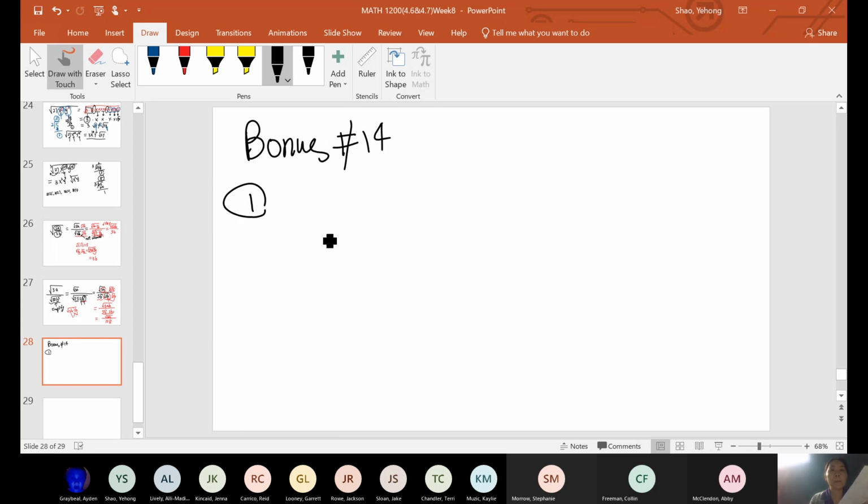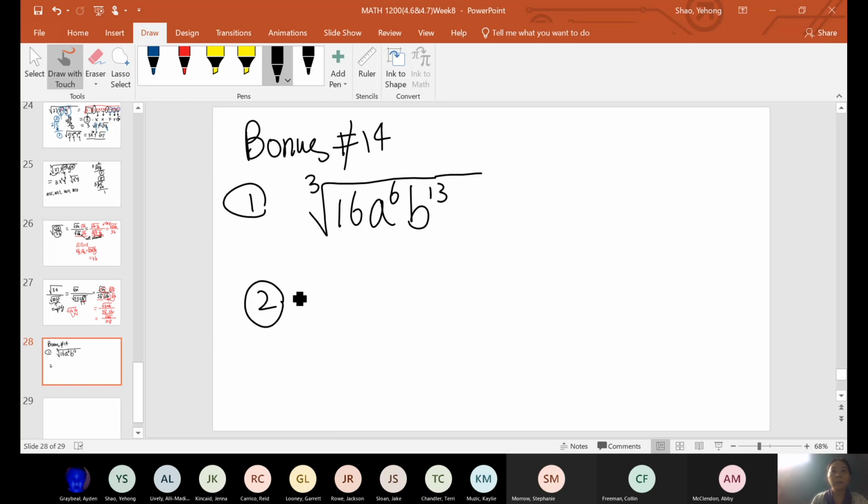The first one, how about we do cube root of 16a 6b 13. The second one, we can do one with fractions.